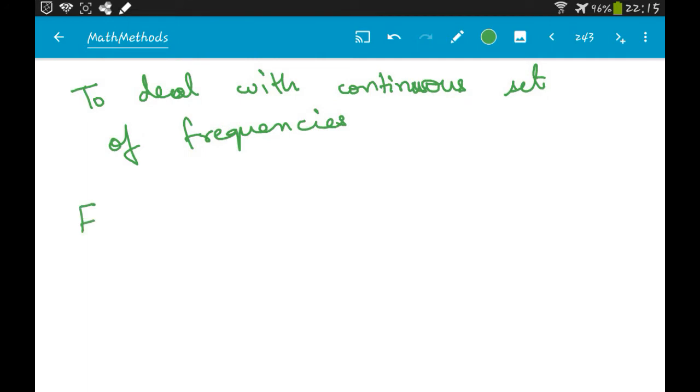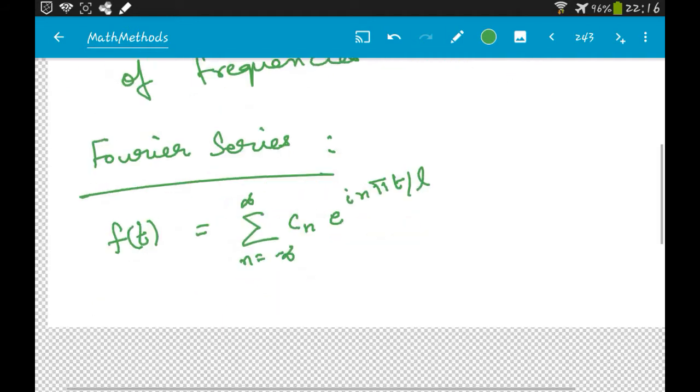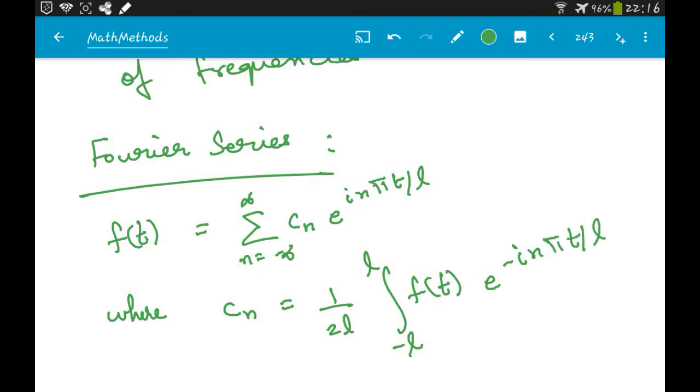So we knew that in Fourier series, f of t was represented as the sum from n equal to minus infinity to infinity of Cn e power i n pi t by L, where Cn was given by 1 by 2L integral from minus L to L of f of t e power minus i n pi t by L dt, right?